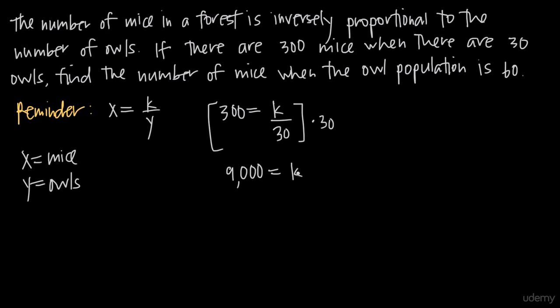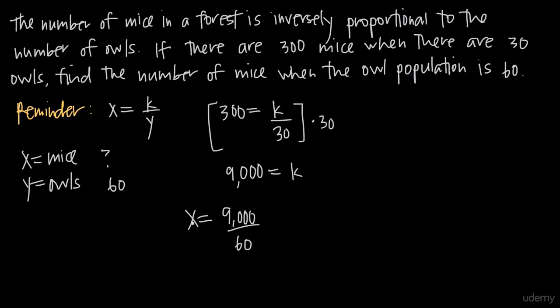So now with k equals 9,000, we've been asked to find the number of mice when the owl population is 60. So we don't know the number of mice, we know that owls is going to be 60. So we're going to go ahead and leave our x variable in the equation because that's the unknown variable we're solving for. So we're going to get x is equal to k, we know that k is 9,000, so 9,000 divided by y, which is owls, and we know that owls is 60.